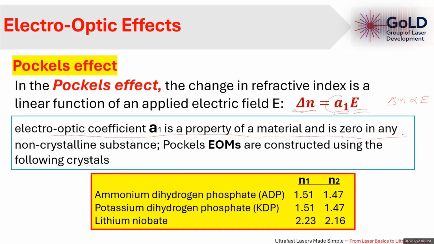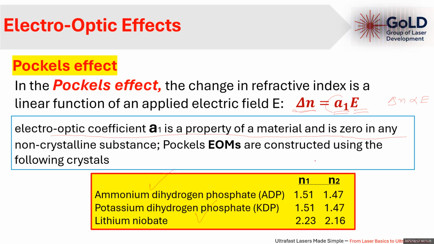There are some famous crystals which are used. You can see here: ammonium dihydrogen phosphate, ADP, and potassium dihydrogen phosphate, KDP. These are manufactured, they make them by combining some materials. And the third one is lithium niobate.